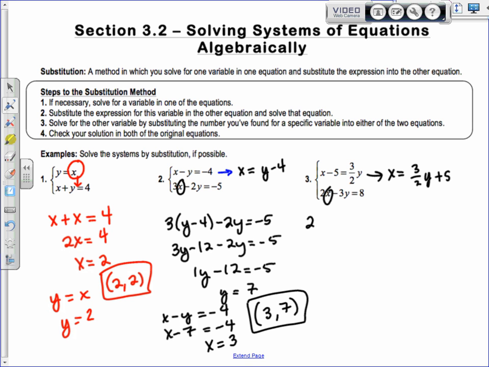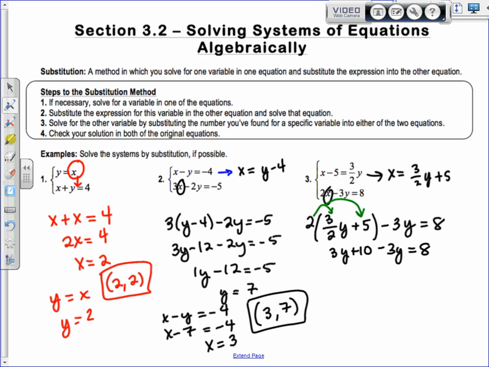All right, so I get 2 times (3 over 2 y plus 5) minus 3y equals 8. Do you see why I said it was okay that we had a fraction? Multiply your 2 in. So 2 times 3 over 2 gives you 3. So you get 3y plus 10 minus 3y equals 8.